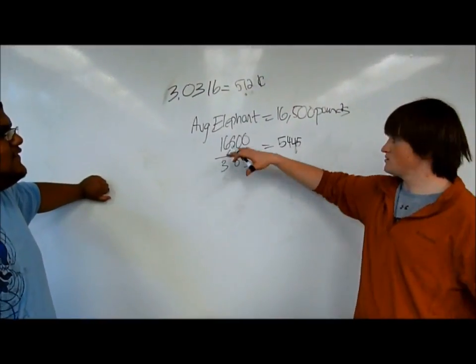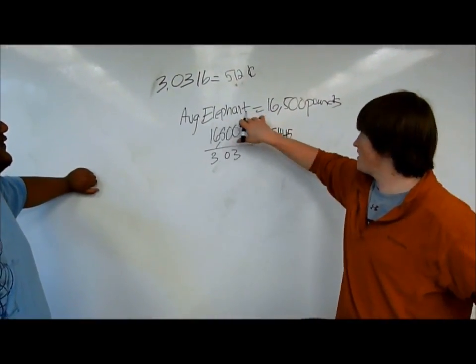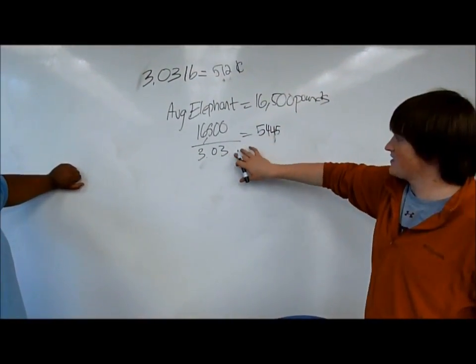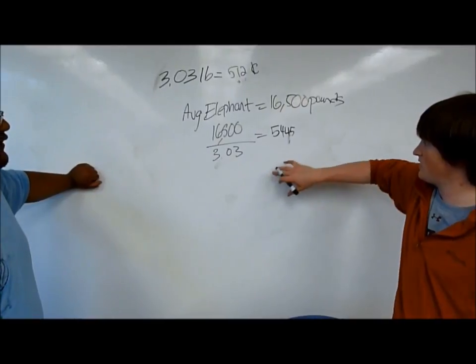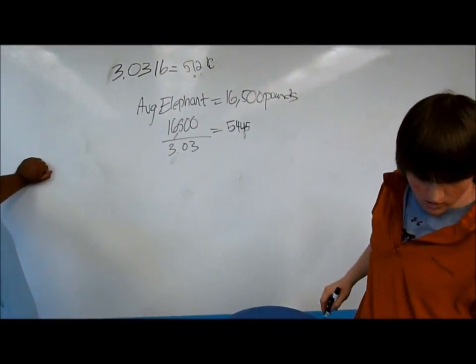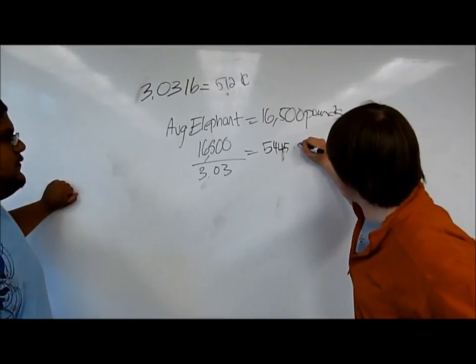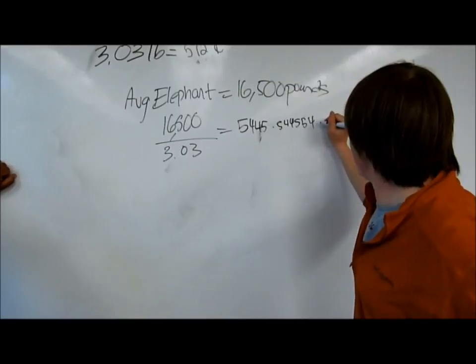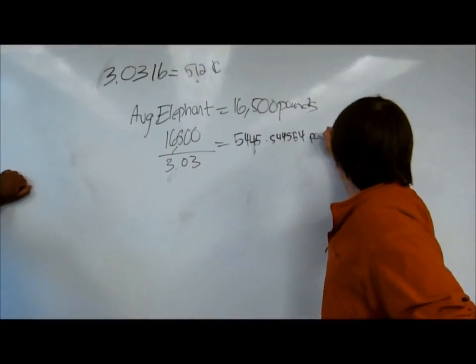Now we're taking the average weight of an elephant, which is 16,500 pounds, and dividing it by 3.03 to get 5,445.544554.